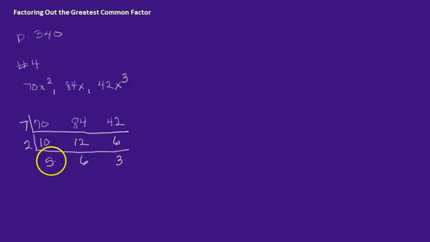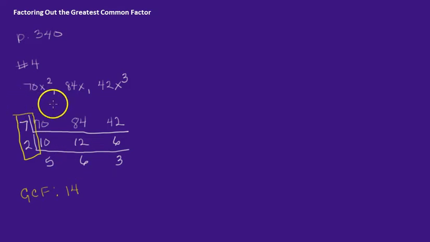So when I'm looking at my greatest common factor for my numbers, it is going to be the product of these two numbers. 7 times 2 is 14, so 14 is the greatest common factor just amongst my numbers.